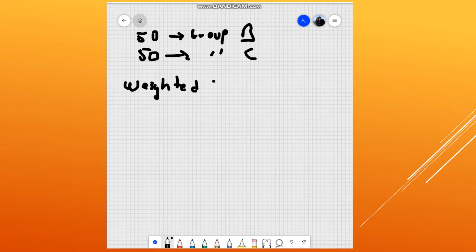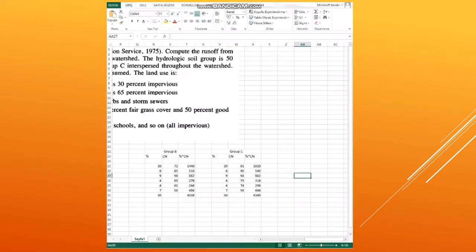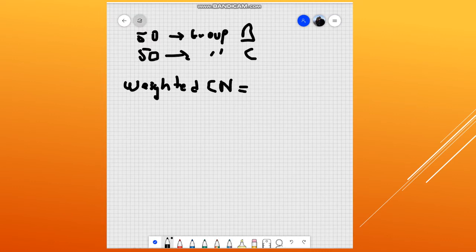So we need to find the weighted curve number, which is as we calculated here, 4038 and 4340.